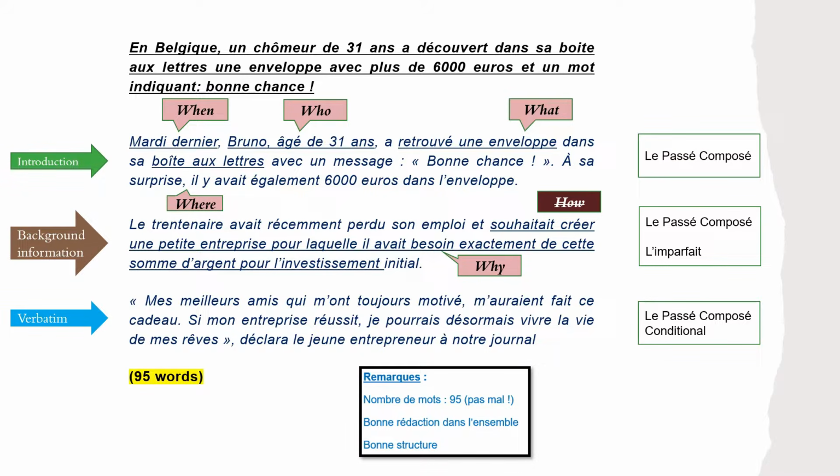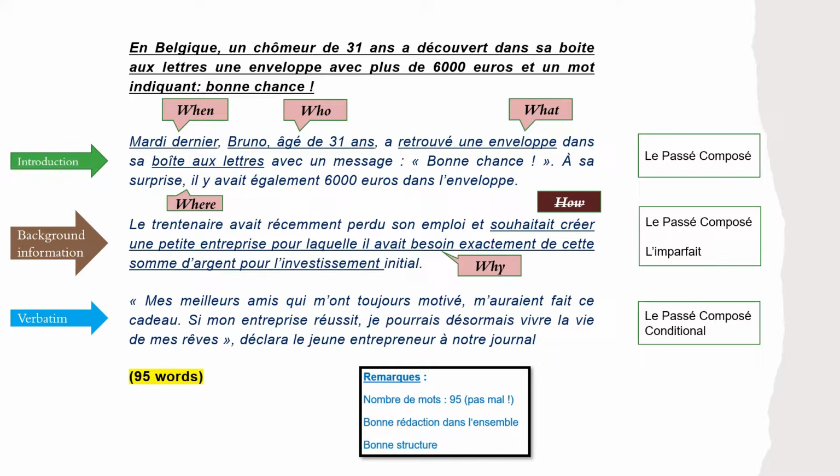Now, if you look at the verbatim, I'm using one comment from this person. Basically, this person is saying that his best friends who had always motivated him would have given him this gift. If his company succeeds, he would be able to live the life of his dream from now on.